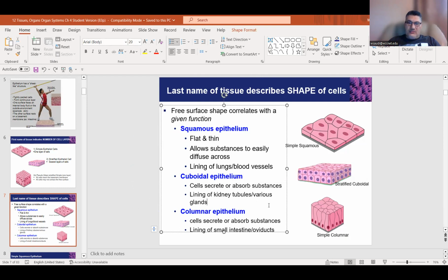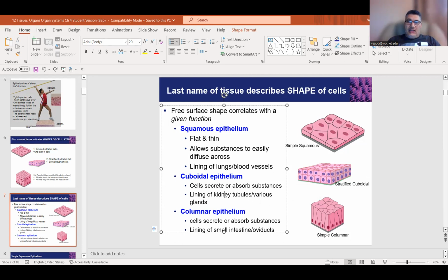We did the digestive system. So for the secretion part, it will be the glands. We have glands everywhere, including the digestive system and other systems. So if you want to secrete in glands, you're going to use the cuboidal cells.